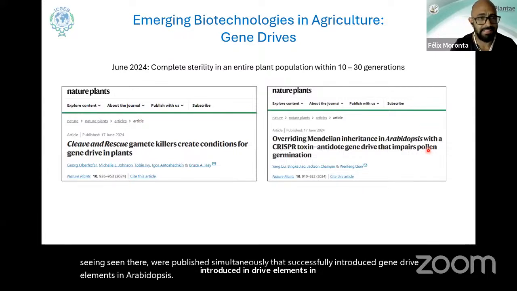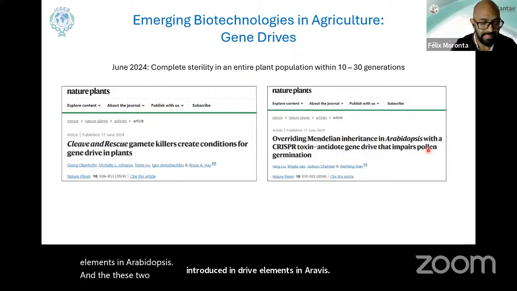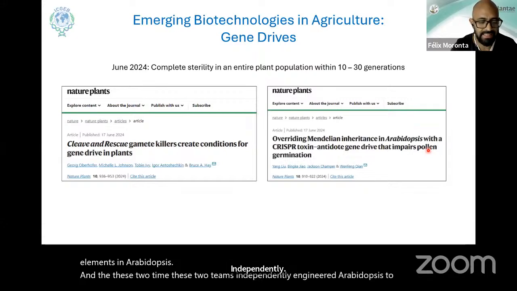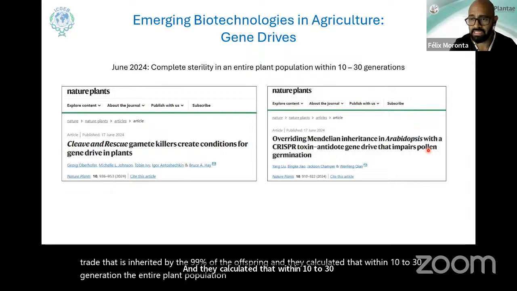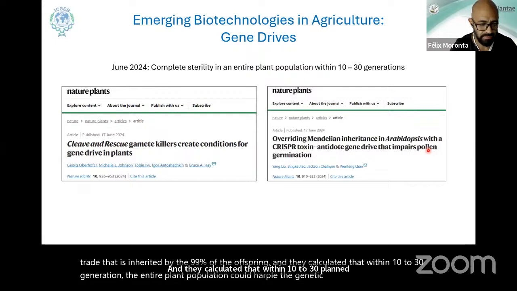These two teams independently engineered Arabidopsis to carry a trait that is inherited by 99% of the offspring. They calculated that within 10 to 30 generations, the entire plant population could harbor the genetic trait that they introduced.